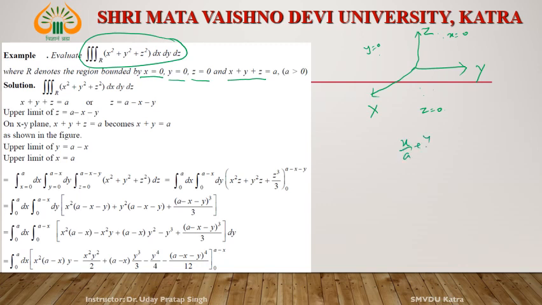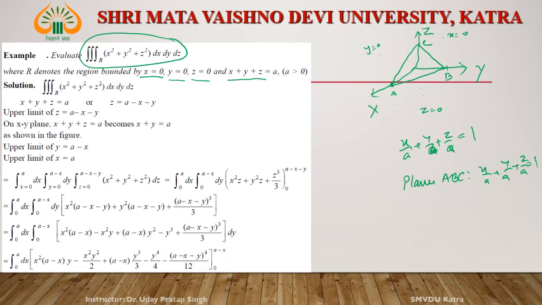So x by a plus y by a plus z by a equal to 1. This is the plane ABC.